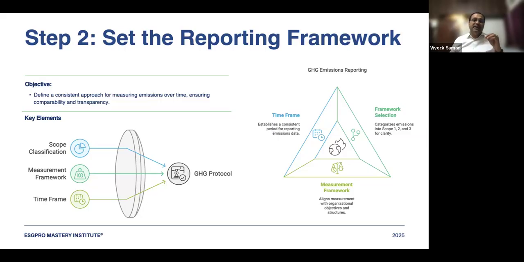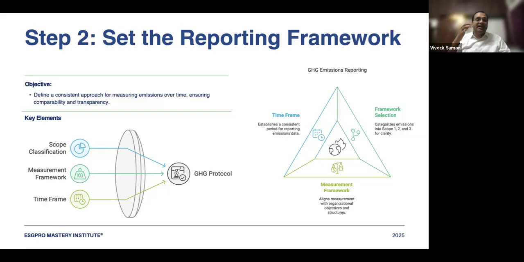Second is measurement framework. What kind of measurement framework am I using here? Does it align the measurement with the organizational objectives and the structure which I have in play or not? What do you mean by operational structure and reporting objective?